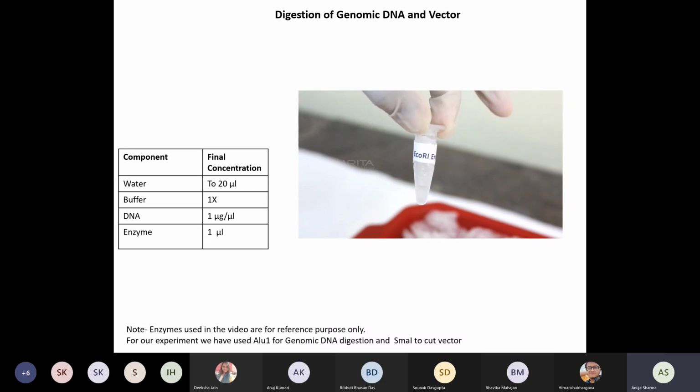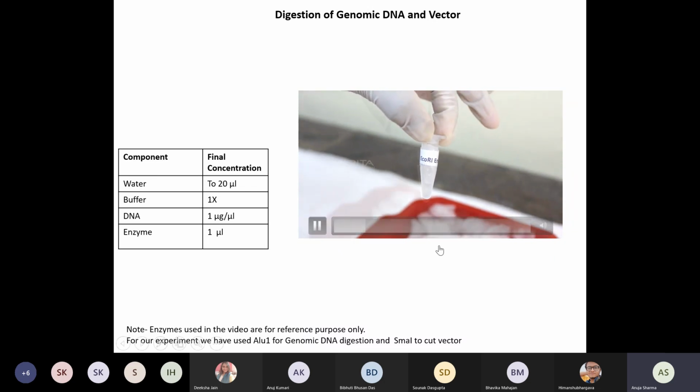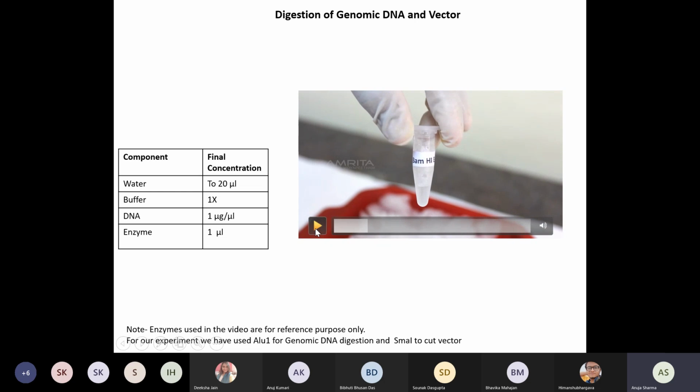0.5 microliter of EcoRI enzyme, 0.5 microliter of BamHI enzyme, centrifuge, water bath, ice box, floater, an empty vial labeled vial 1, waste beaker, pipette and tip box. The enzymes used in this video are just for reference purposes. The enzyme you can use depends on the vector you use, on the 4 base pair cutter or 6 base pair cutter you need for your genomic DNA fragments.